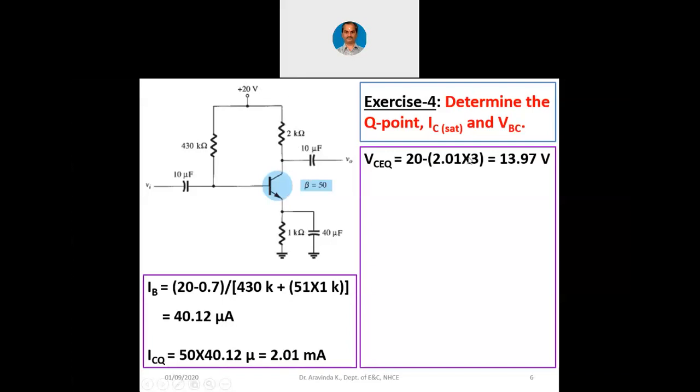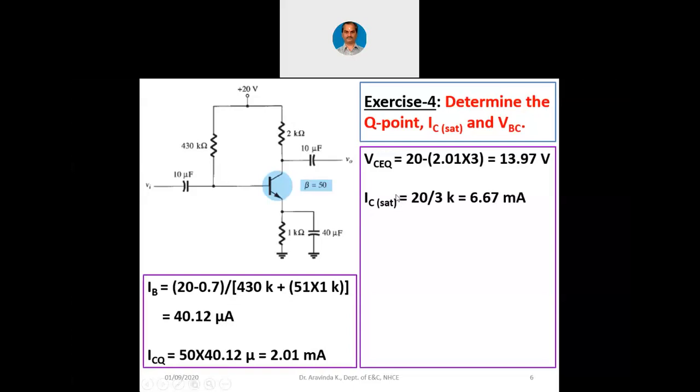This is correct, the answer is correct. I should put a plus symbol here. Instead, I put a multiplication symbol in a hurry of slide preparation. Anyway, I will correct it today. So 2.01 plus 3 is 5.01. 20 minus 5.01, you will get 13.97 volts.